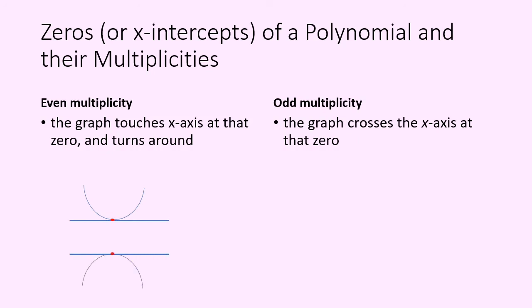Now what happens if it's an odd multiplicity? Well, odd numbers like 1, 3, 5, and 7, they will all go through the x-axis. The only difference here is if it had a multiplicity of 1. If it has a multiplicity of 1, and this is my x-intercept, it's going to go straight through like a linear line.